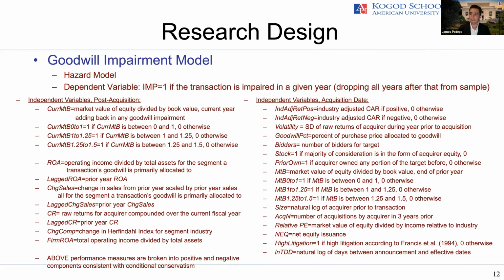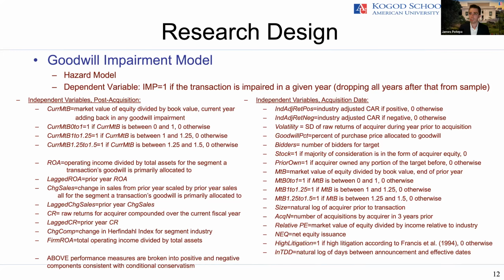Okay, so a little more about the model. We also look at current period performance. For that, we look at ROA, both this period and lagged. We look at the change in sales as well as the lag change in sales, and the raw returns over the current fiscal year. This is a little bit different from some of the other papers.